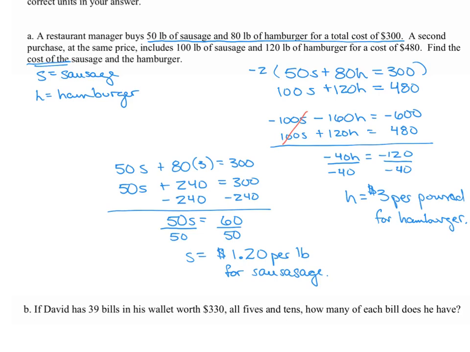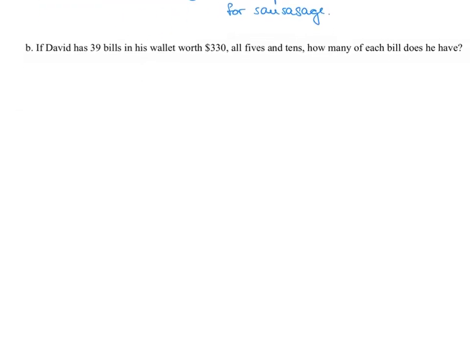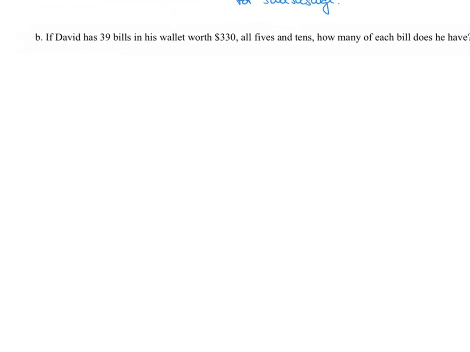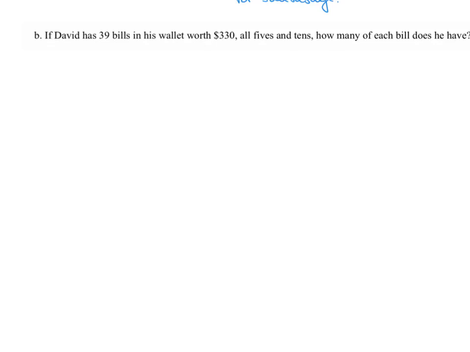Okay, last problem for this section. We have, if David has 39 bills in his wallet worth $330, all 5s and 10s. We want to know how many of each bill does he have. So I'm going to let F equal the number of $5 bills.